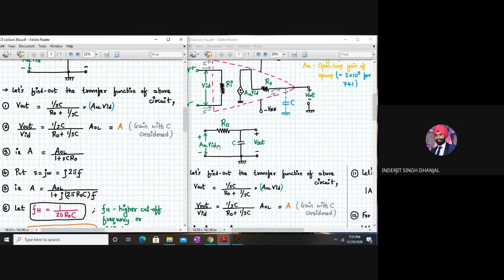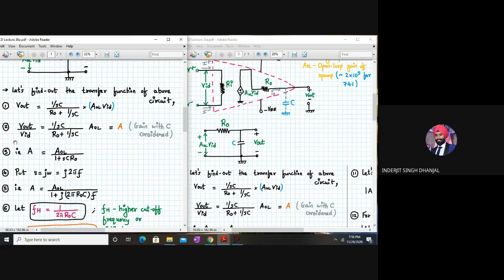Step number one. It's basically like a voltage divider having an impedance of a capacitance. So V out will be given by 1 upon SC divided by RO plus 1 upon SC, into the input source, which is your dependent voltage source, AOL into VID. Now we take VID in the denominator on the left hand side.